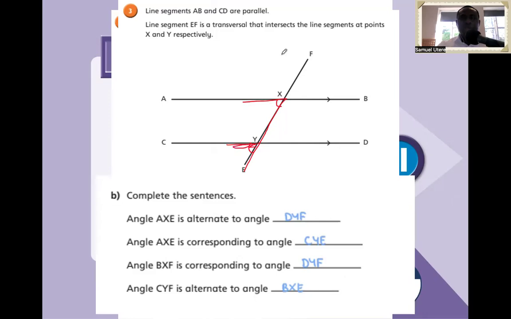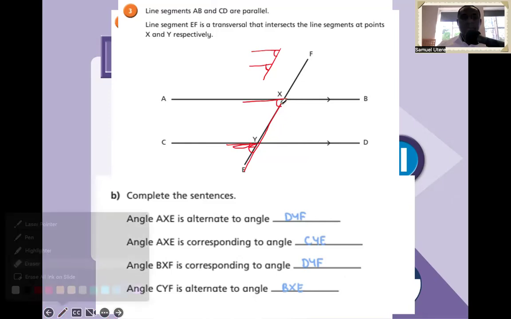So imagine an F shape that looks like this, and the angle is in a similar position on the F shape. So we call that corresponding angle. So F shapes help us identify corresponding angles, and Z shapes help us identify alternate angles.